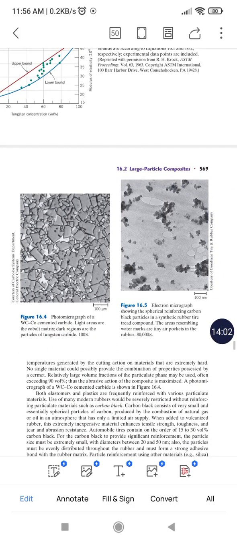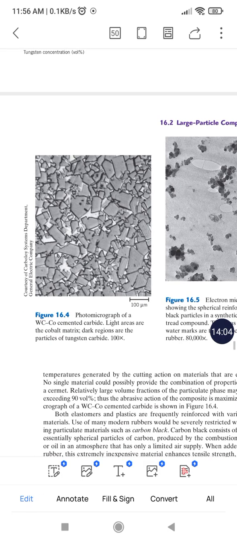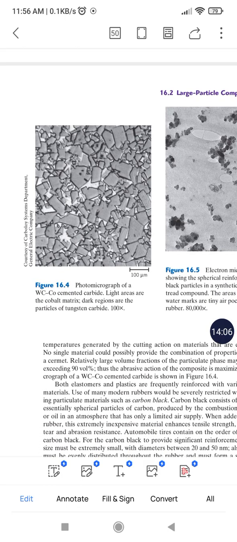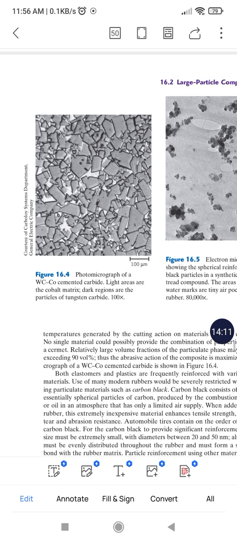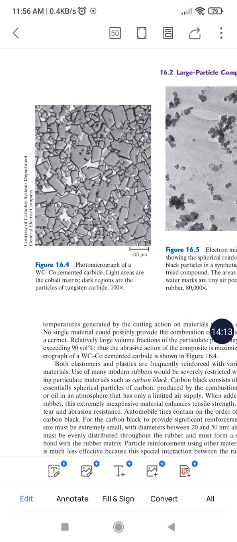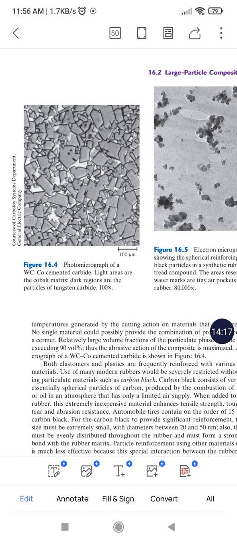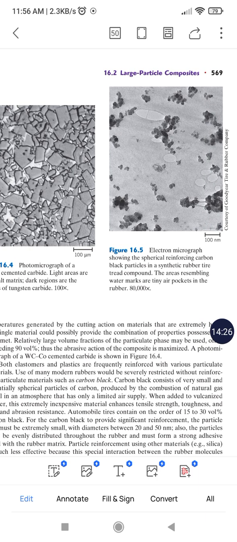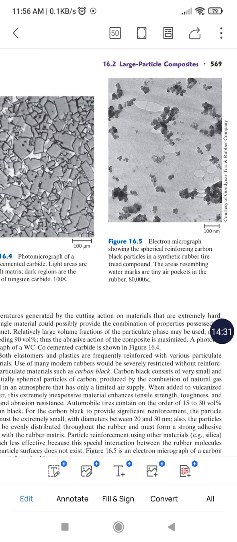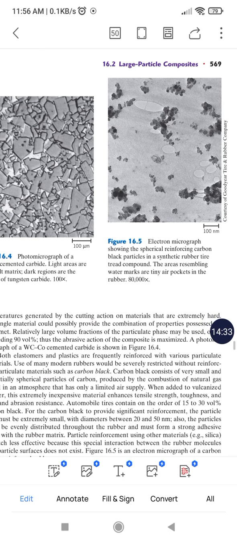Now the next example shows a photomicrograph of a cemented carbide, cobalt cemented carbide. The light areas are cobalt matrix and the dark regions are particles of tungsten carbide. Tungsten carbide and cobalt are the materials combined here. There is also an electron micrograph, for carbon black particles reinforcing a synthetic rubber.